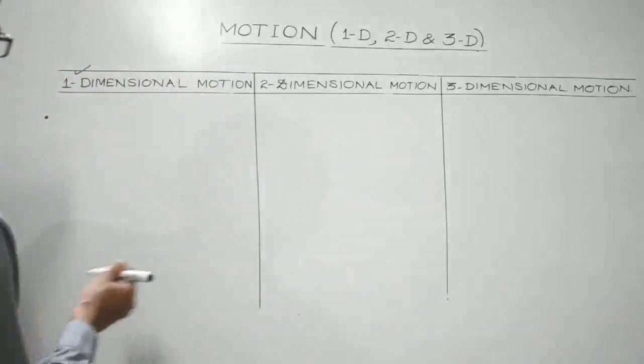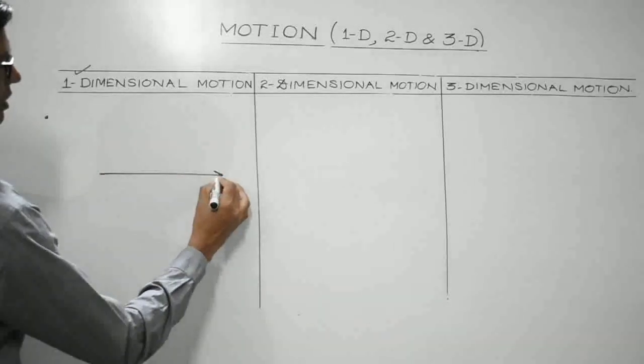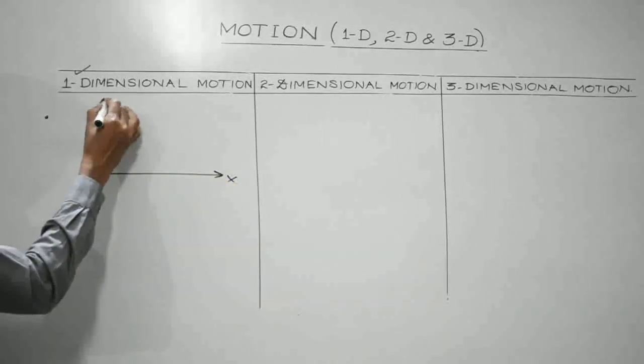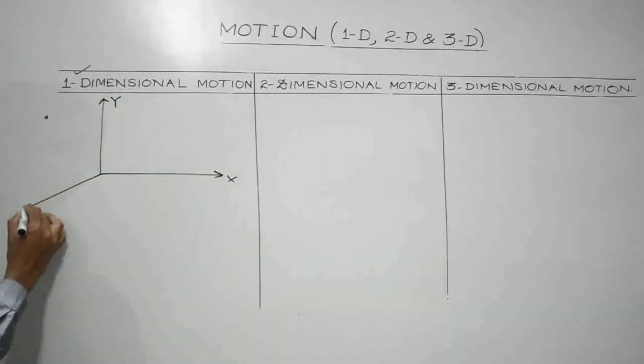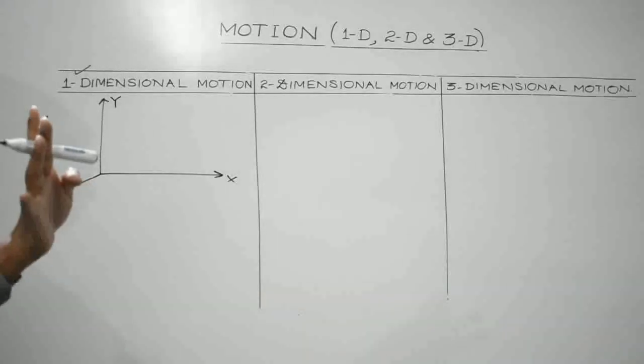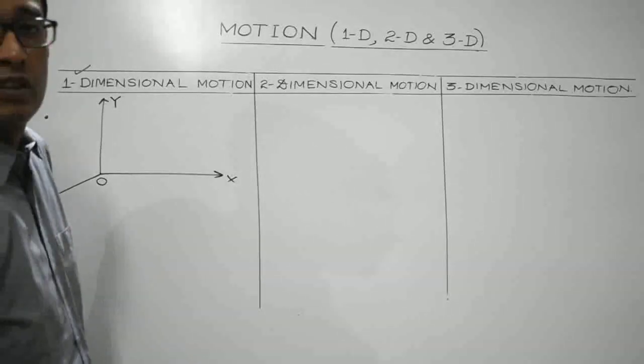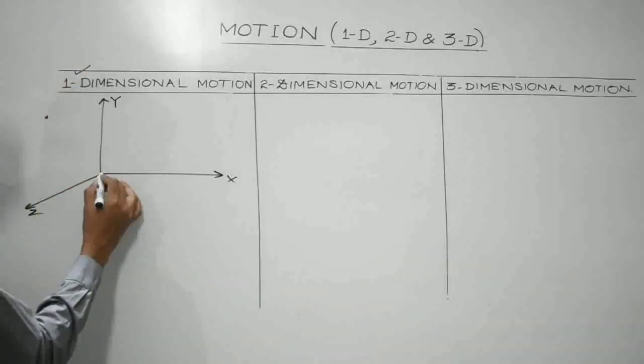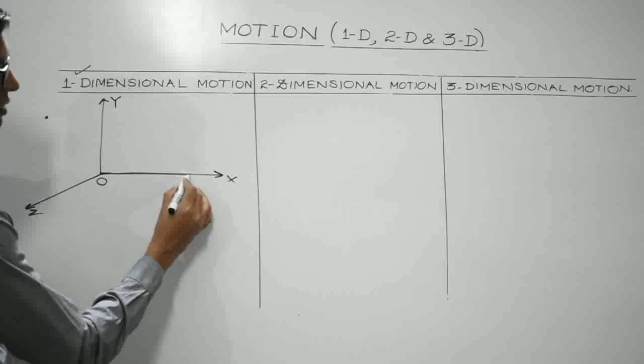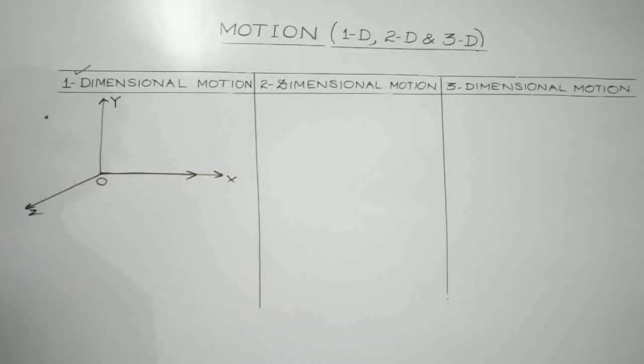I'll give you an example. Suppose this is the x-axis, this is the y-axis, and let us consider this to be the z-axis. This is the z-axis actually, so I have drawn it like this. This is the origin. Suppose the body starts from point A and moves along the x direction, like this. It moves along a straight line along the x direction.